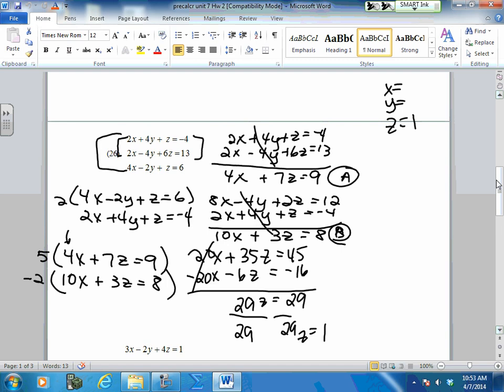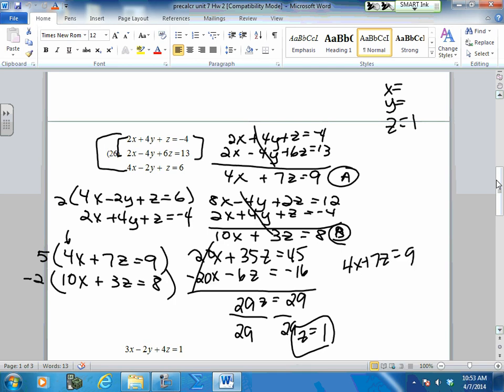Now what do I do, Trey? Not another equation. I got one answer. What can I do now? I got to start back substituting. This is when you back substitute. So give me one where I have only 2 variables. Pick 4x plus 7z.